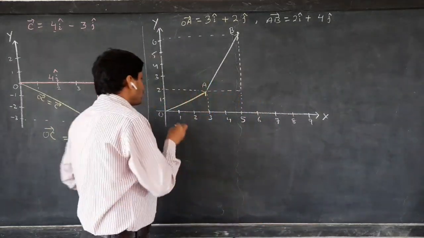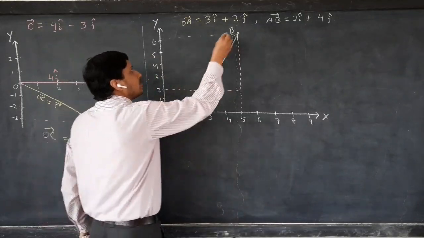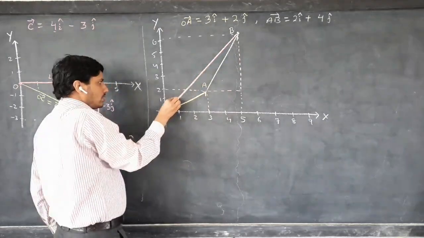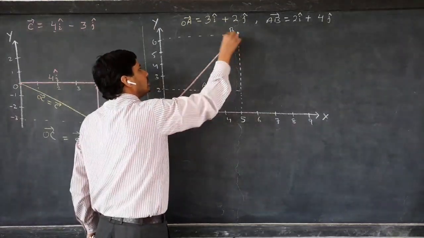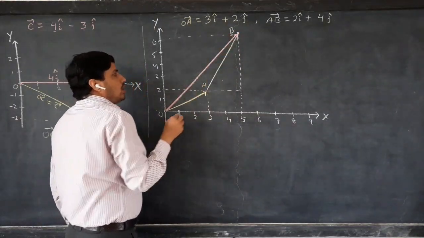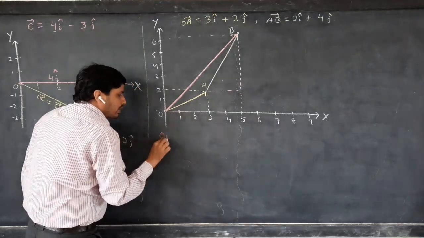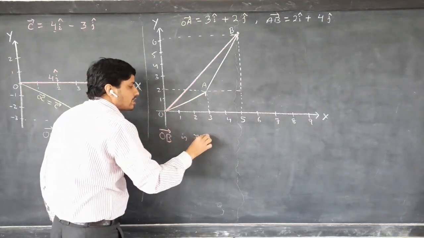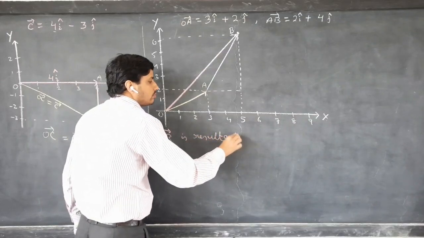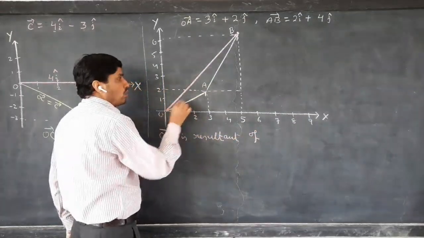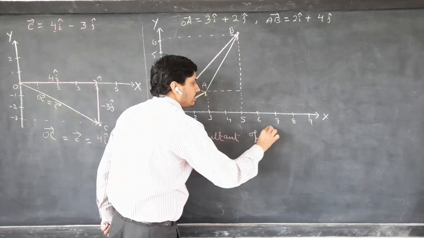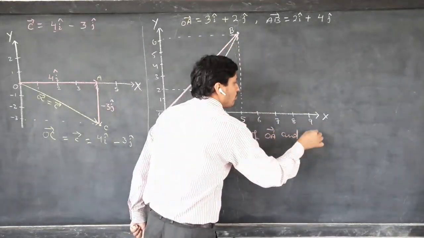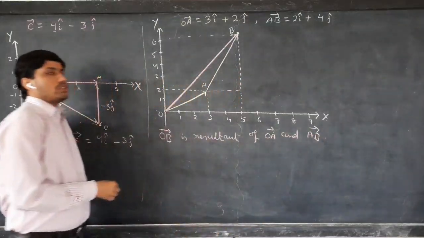The resultant effect starting from O, the final point is this one. So this is the OB vector. So we say the OB vector is the resultant of the OA vector and the AB vector. Very important to understand.